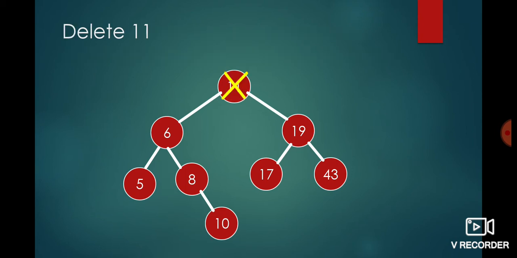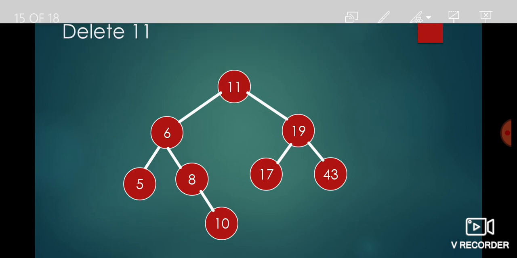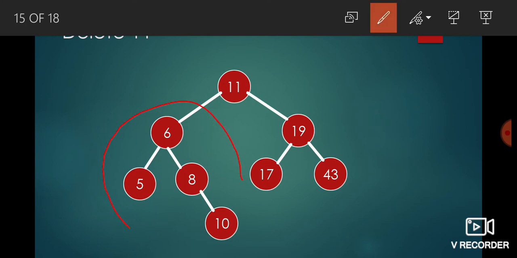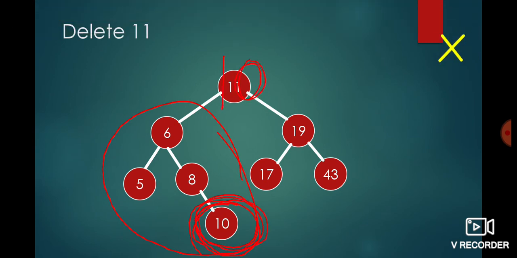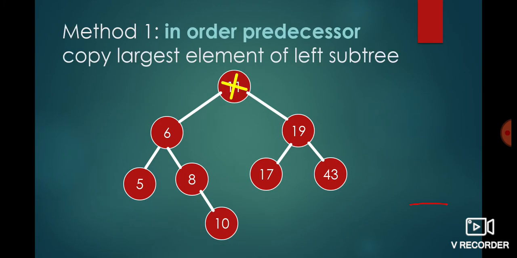See, firstly we had 11 here. So in inorder predecessor we see the left subtree, we choose the largest element, and we copy this largest element here. So what we did is we overwrite 11 by 10 and we can delete this 10 afterwards.